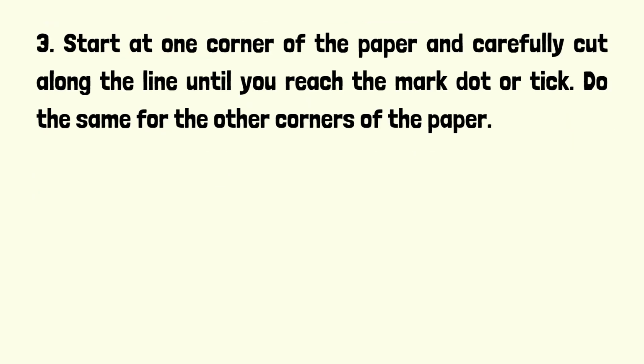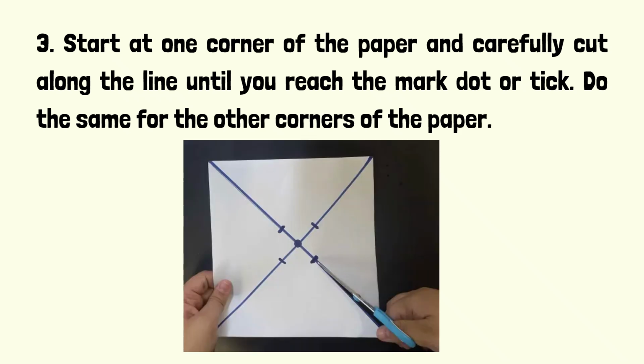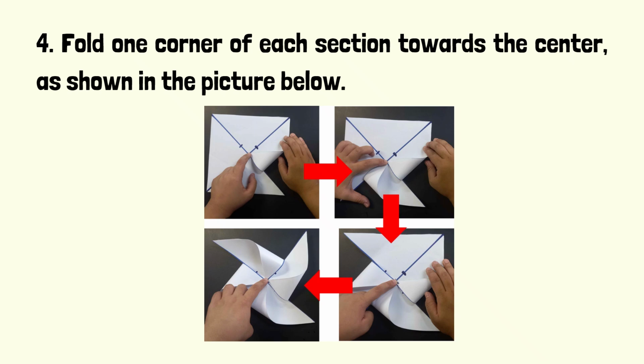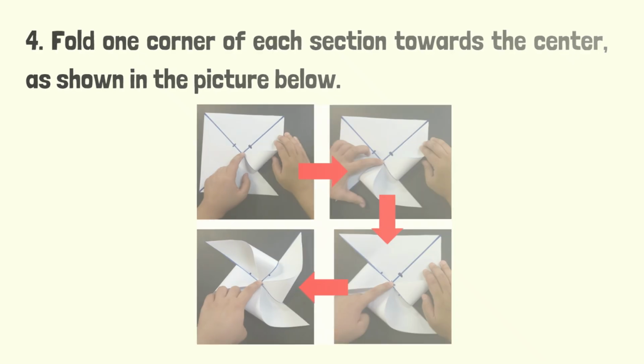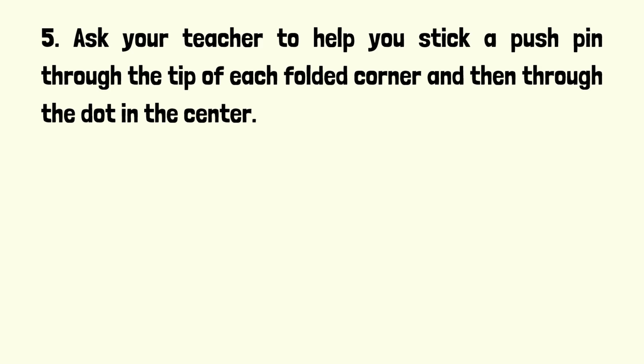3. Start at one corner of the paper and carefully cut along the line until you reach the marked dot or tick. Do the same for the other corners of the paper. 4. Fold one corner of each section towards the center as shown in the pictures below. 5.